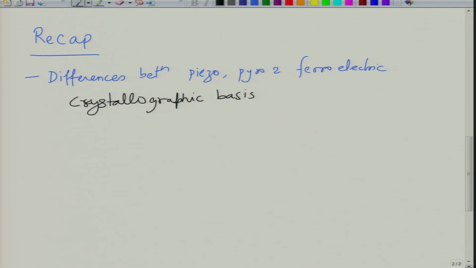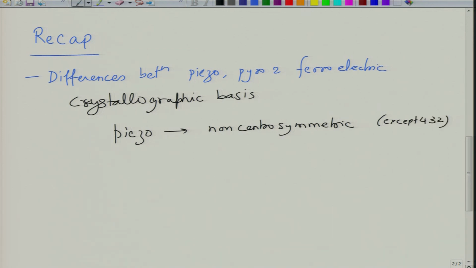As we said, a piezoelectric material is something which is non-centrosymmetric. Except 432, all the non-centrosymmetric point groups are piezoelectric. Pyroelectrics are those which are non-centrosymmetric plus they have a unique polar axis.